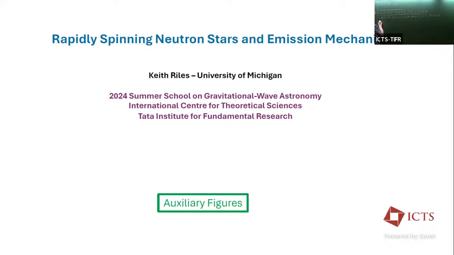Now, one thing I'm going to focus on, I don't know how much coverage this got last week, but rotational effects are very important for this topic that concerns rapidly spinning neutron stars. We need them to be rapidly spinning in order to detect them gravitationally with current ground-based interferometers.